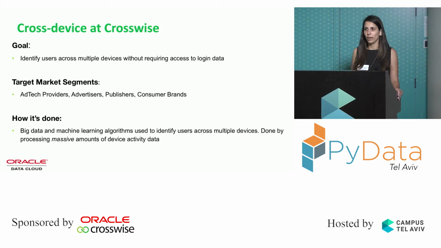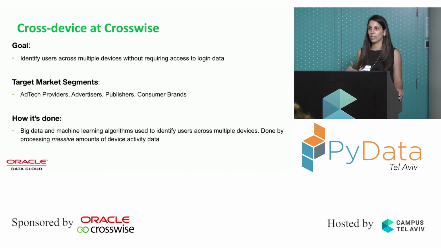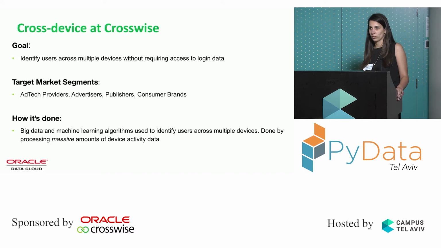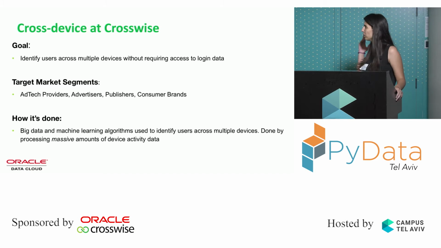How many times do you see something that is interesting and then you go home to your desktop and you buy it there? So for advertisers, before we came along, they would not know that the ad on your mobile phone worked. And if we are able to say, listen, this mobile phone actually belongs to the same person as this desktop, then they can know that the ad worked. And this is really just one use case.